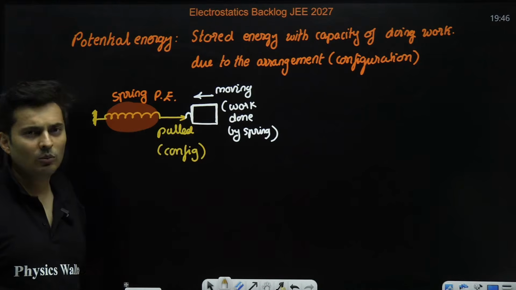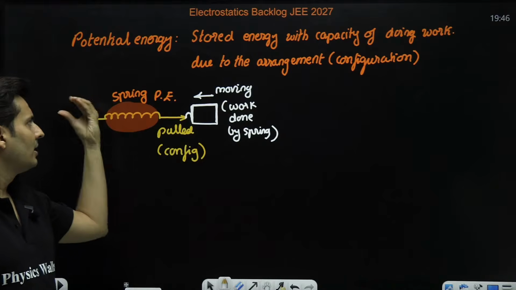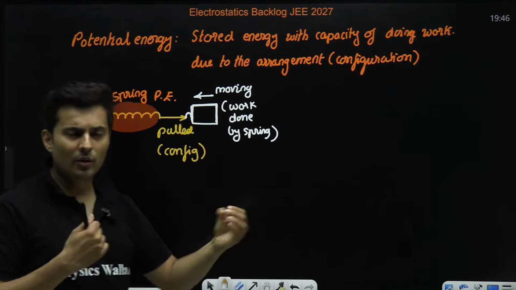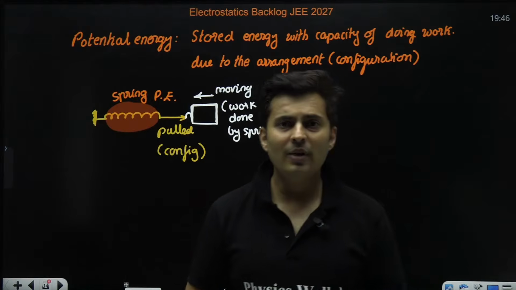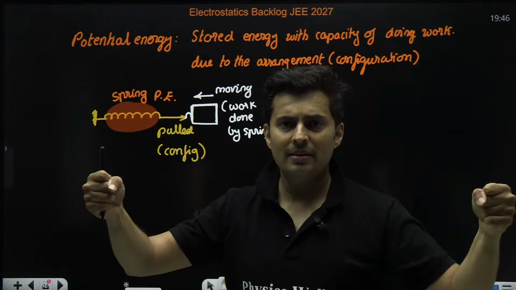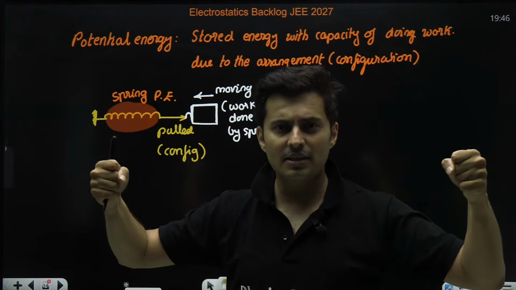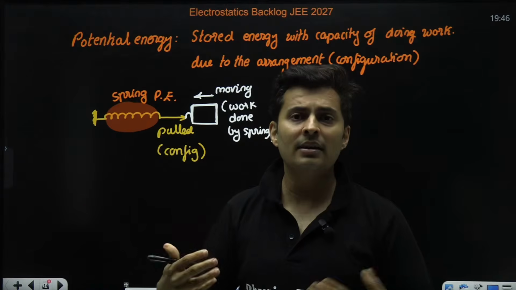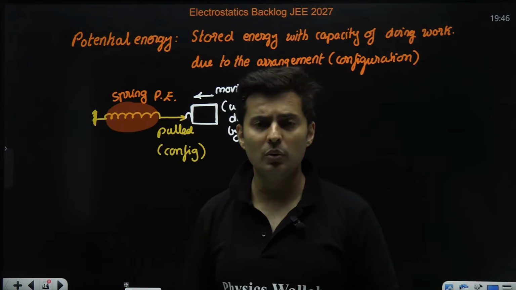It has done some work. So it has capacity of doing work. It has stored amount of energy, and this is the pulled state or configuration. Same way, if I take an elastic rubber band, I stretch it, the stretching is the configuration, I release it, I can see it can start moving the particles around it, it has capacity to do work.